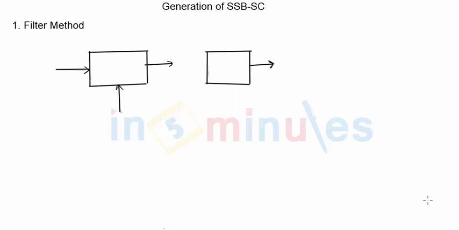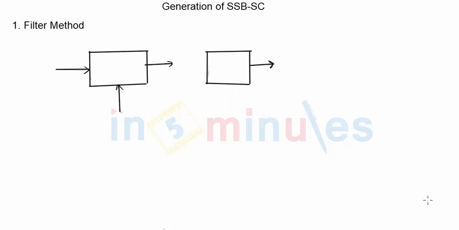And hence, as we had discussed in one of the early clips, the power efficiency of DSB-SC and SSB-SC will be exactly the same, because you're not saving any power by suppressing one of the two sidebands, because suppressing one of the two sidebands is only possible after you have generated the DSB signal.